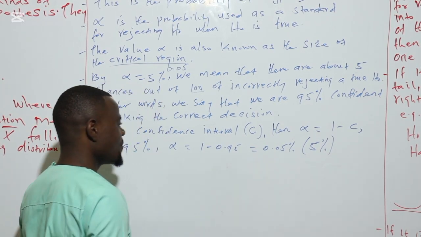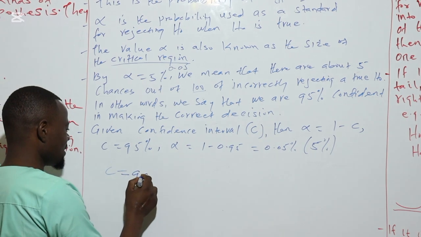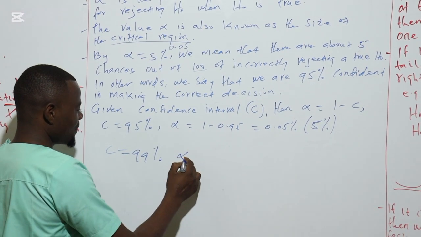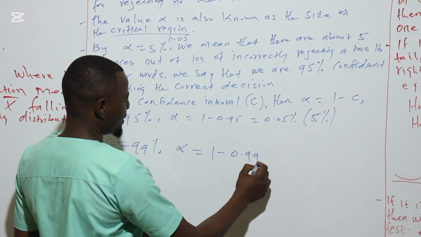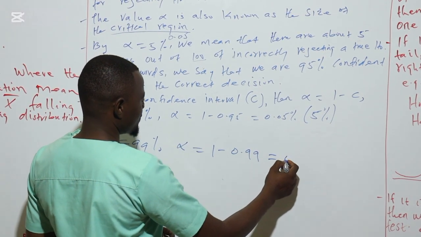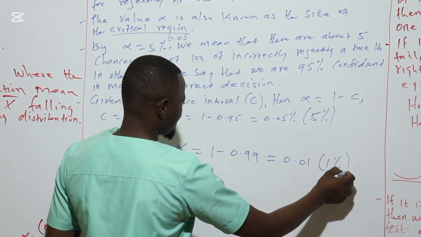That is just 5%. What if C is given to be 99%? What will be our alpha? Our alpha will be 1 minus 0.99, which is equivalent to 0.01. This is just 1%.